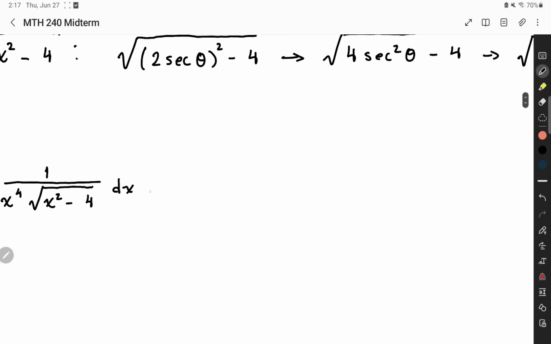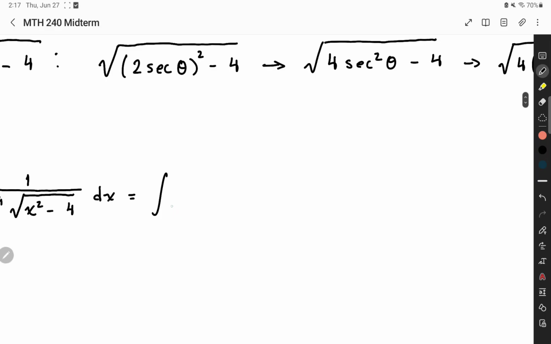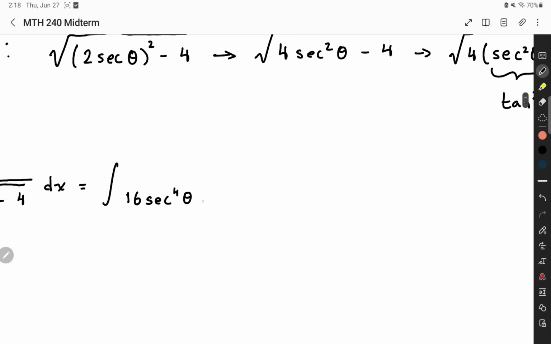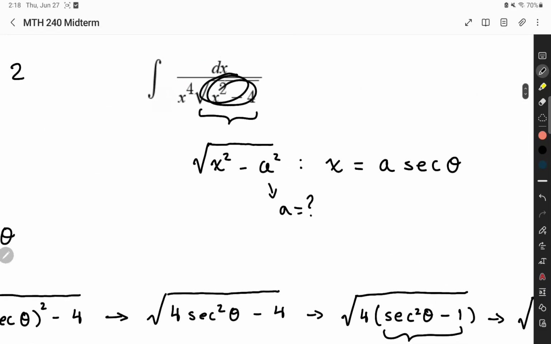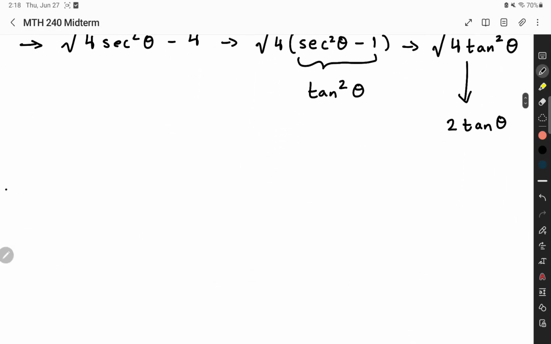So if we want to rewrite this, x to the power of 4 would be 2 to the power of 4. 2 to the power of 4 is 16. So 16 secant to the power of 4 theta multiplied by our expression, which we found is 2 tan theta.